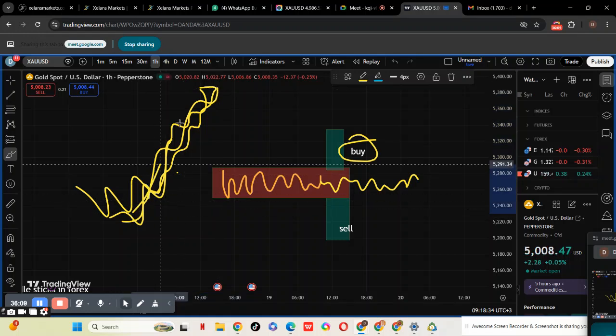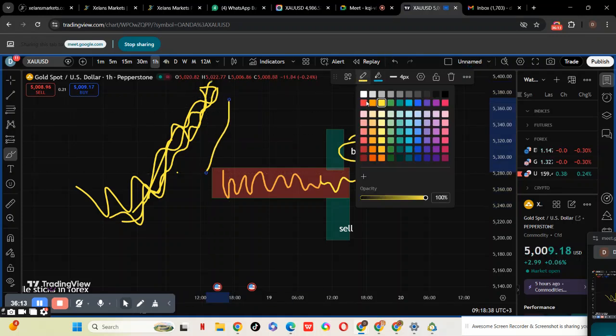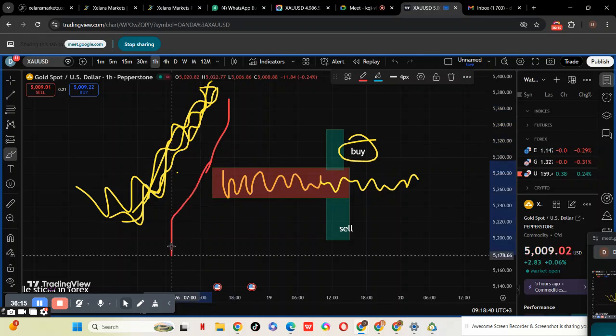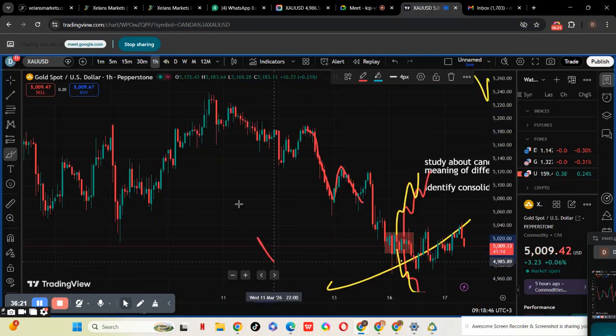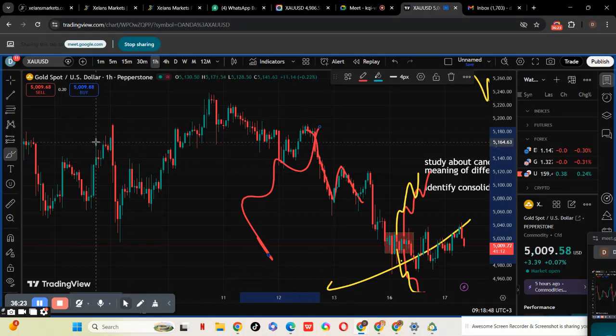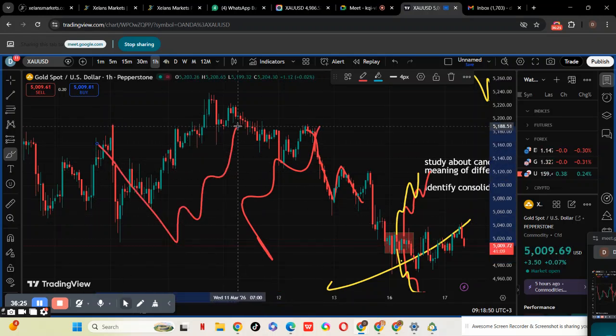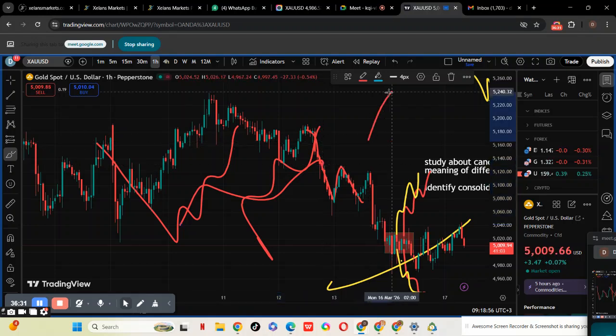But if it's going up and you decide to sell, you are going against the market, and you lose. If the market is going down and you decide to go up, what happens to your account? You are going to lose it because you are going against the market. It's like being on the highway, everyone is going up and you decide to go down on the same lane. What will happen?